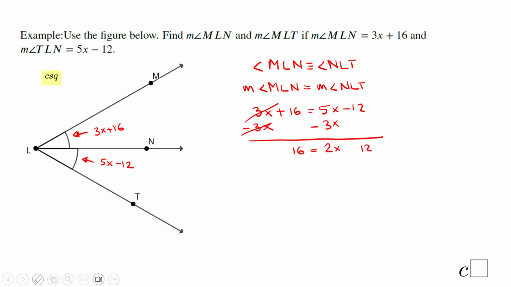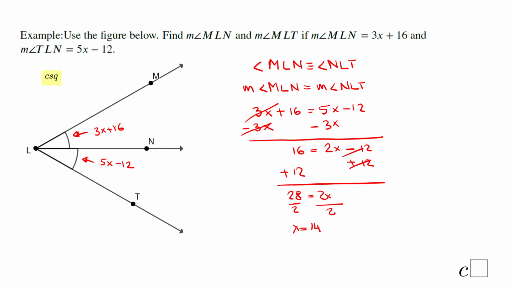So I'm going to add 12 here to get rid of this minus 12. Add 12 on the other side, and we have 28 equals 2x. Divide by 2, and we finish the x. The x will be nothing else than 14.